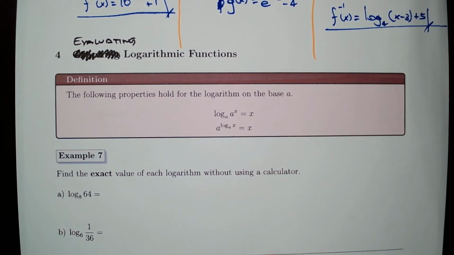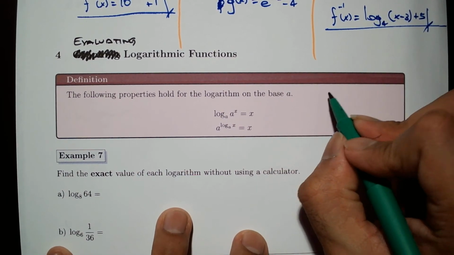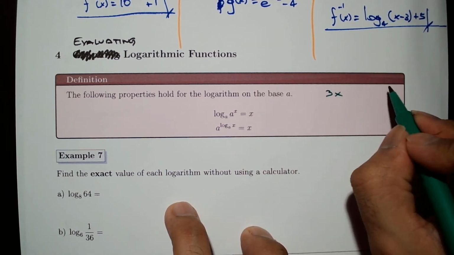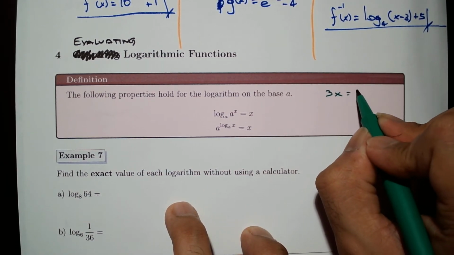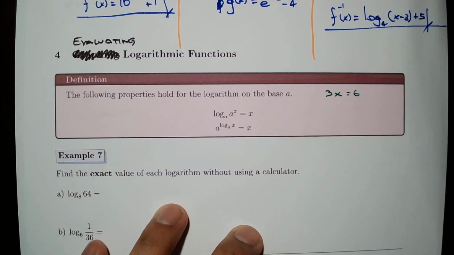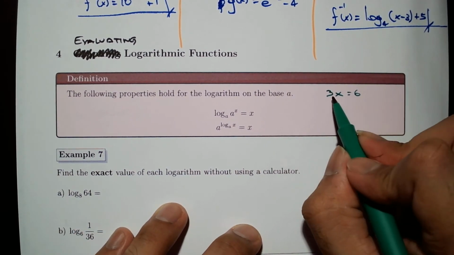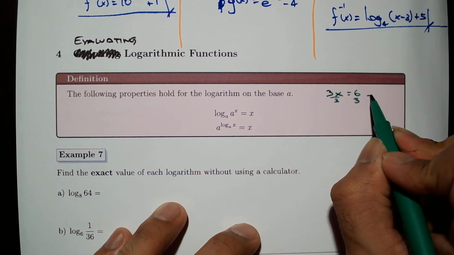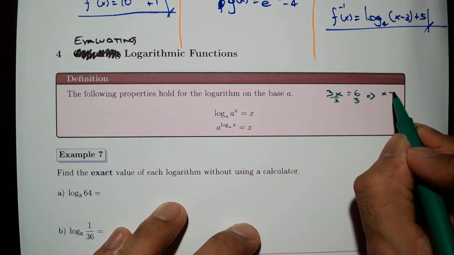So what do we mean? For example, if we have 3x equals 6, in order to solve this equation, we do the inverse of multiplying by 3, which is to divide by 3. That's going to give us x equals 2.